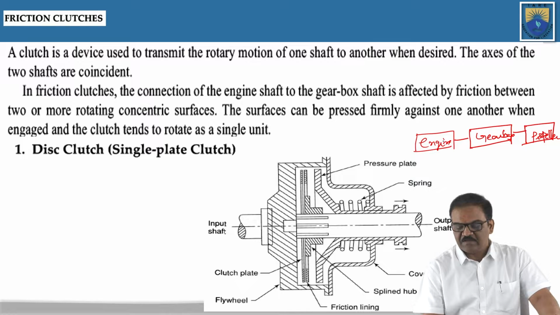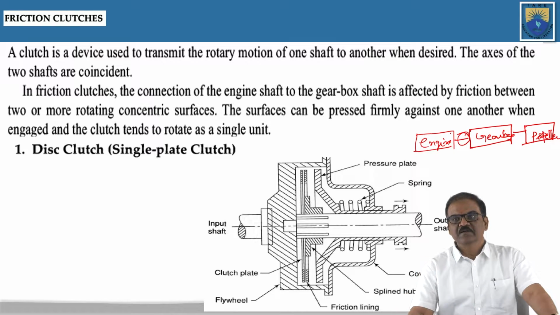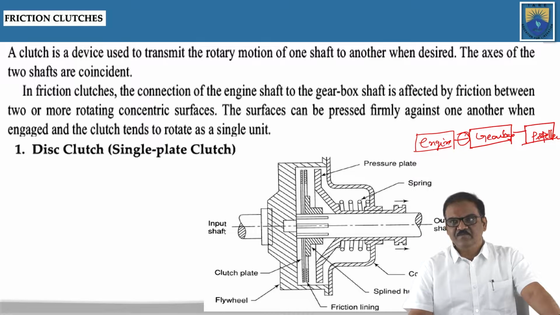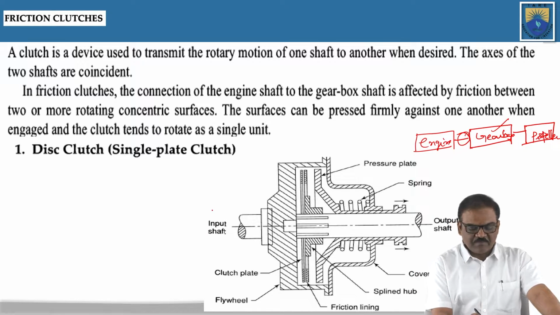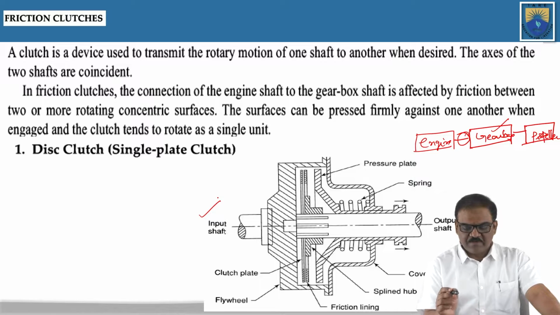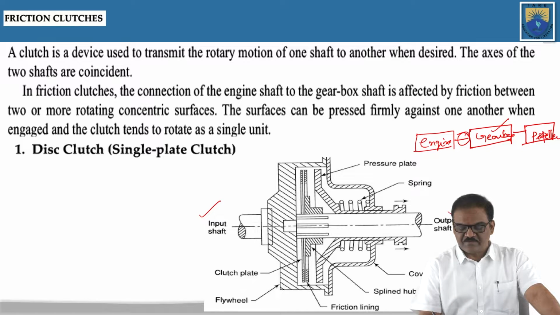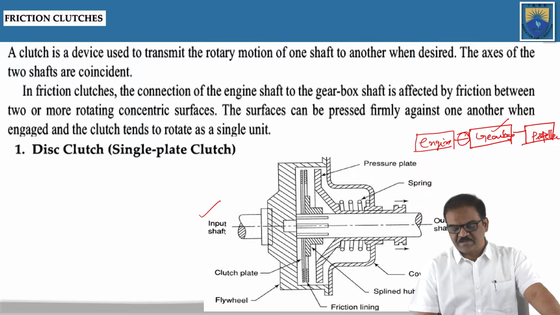So from engine to gearbox, you are going to have the clutches. Clutch engagement and disengagement will take place, and because of this, the speed variations are accomplished from the gearbox. Therefore, the engine forms the input shaft, and the gearbox output shaft is going to be the output shaft. From here, it goes to the propeller shaft.